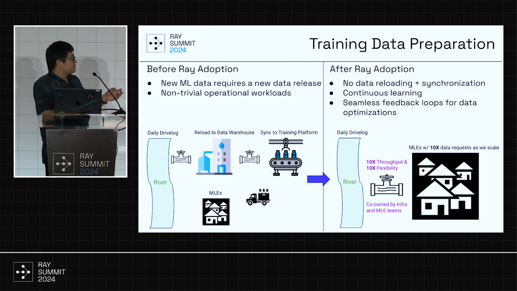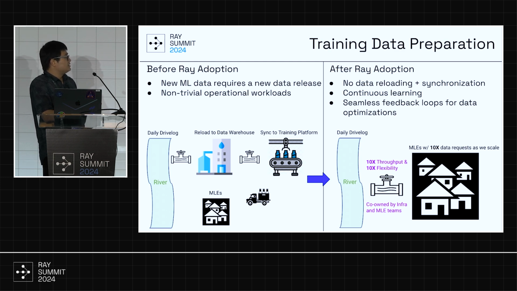Here is the analogy: it's kind of like a river, with new data flowing every day. We first need to reload our data to a data warehouse, and then we need to package our data. Basically, we create a few data snapshots, and then we synchronize them with our in-house training platform.